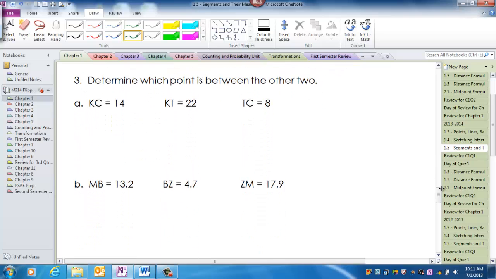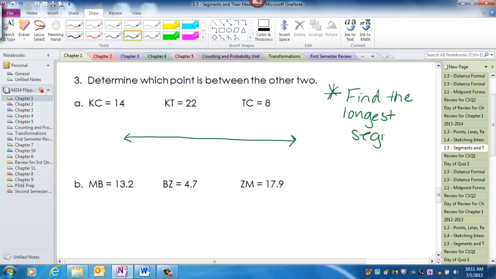Number 3, determine which point is between the other two. So now they're giving us the segment measures, but they're not giving us any picture. So if you draw a line, we need to figure out which one is going to go between the other two. The key part here would be to find the longest segment. So the longest one in this case is KT.